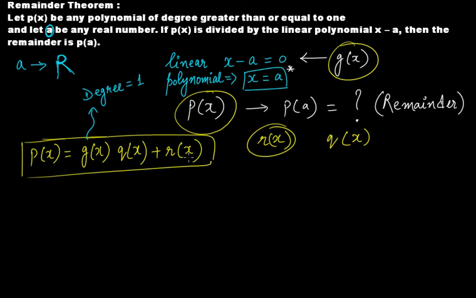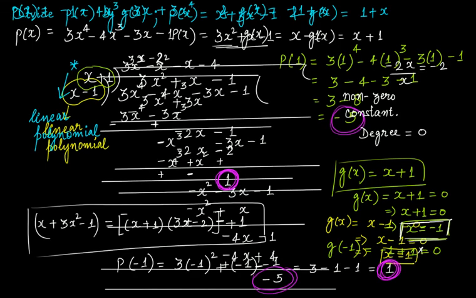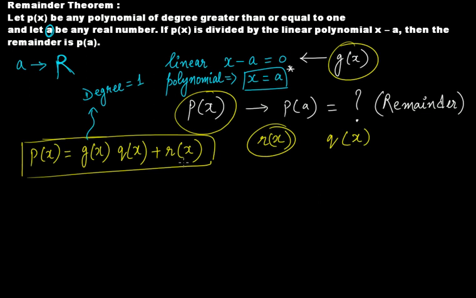Then one more thing is fixed, that we have seen in these two examples: the degree of R(x), that is the degree of the remainder, is always less than the degree of the divisor. It means that if the degree of your divisor is 1, then the degree of the remainder will be 0.